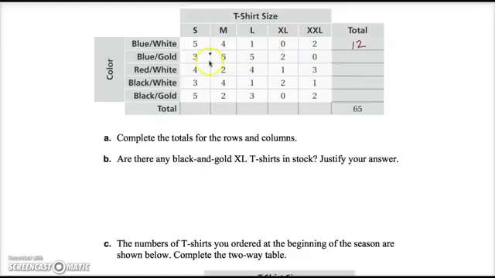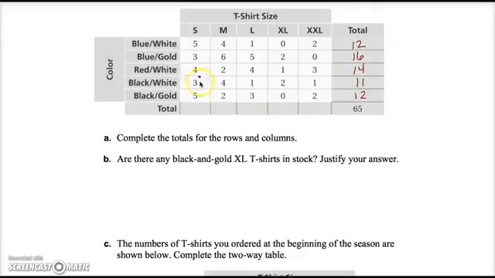Going across here, 3 plus 6 is 9, 14, 15, 16. 4, 5, 6, 10, 11, 12, 13, 14. 7, 8, 9, 10, 11. And 7, 8, 9, 10, 11, 12. And they have the grand total here at the bottom, so these 5 numbers should add up to 65.